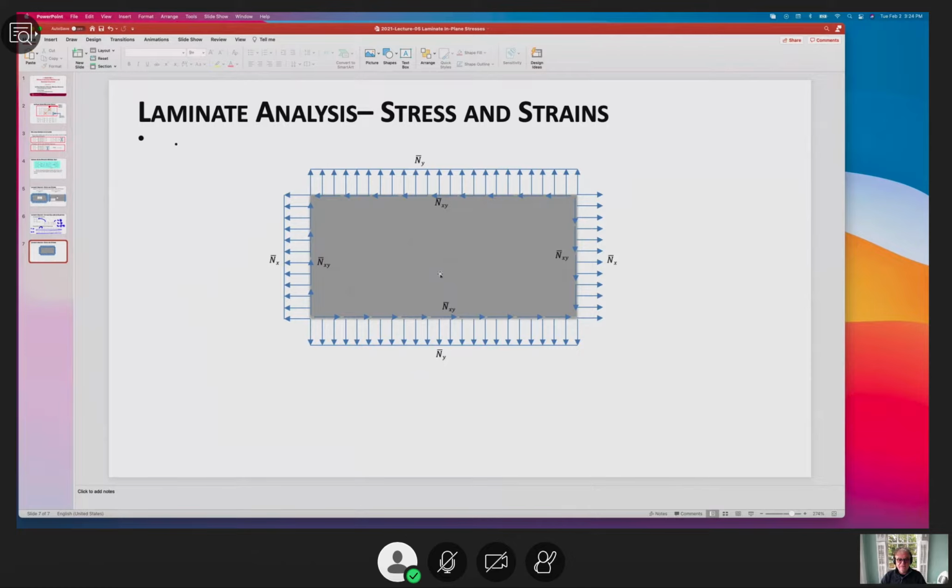The simplest one that we can solve, let's get rid of the shear. I was thinking of something that will have at least one-dimensional variation.